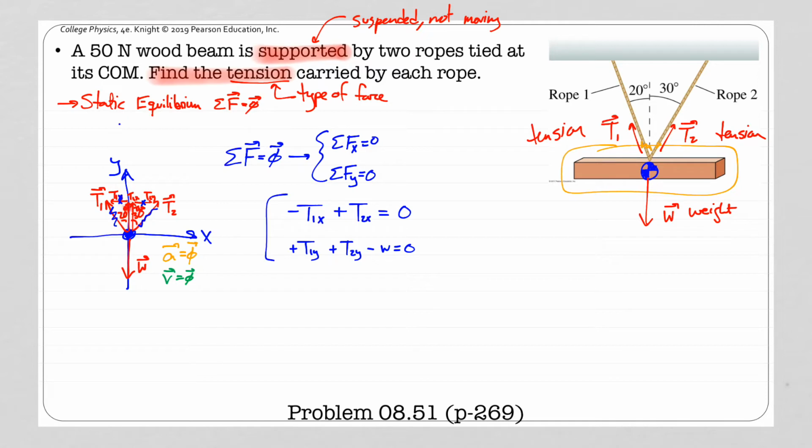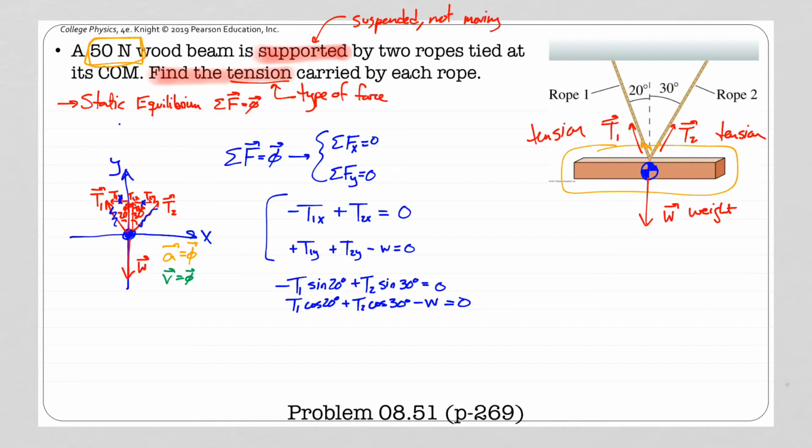My T1y is adjacent to that 20-degree angle. And so I can simplify the way that T1x and T1y are expressed in terms of the magnitude of that tension T1 and sines and cosines. I can do the same thing with T2x and T2y. I have the angle associated with T2. I also have the weight. The weight is often mg, but in this case I'm given 50 newtons.